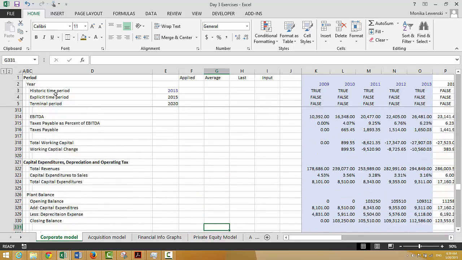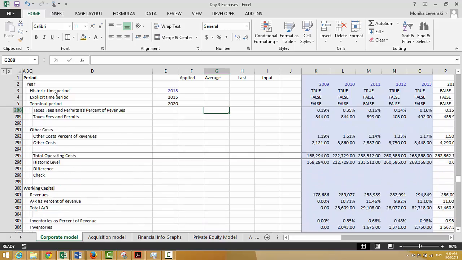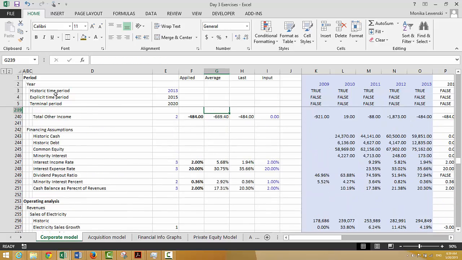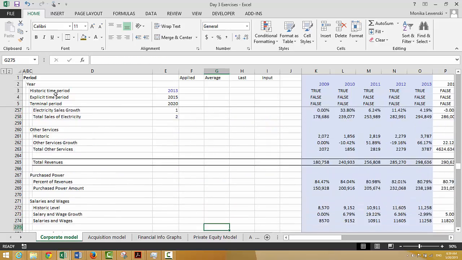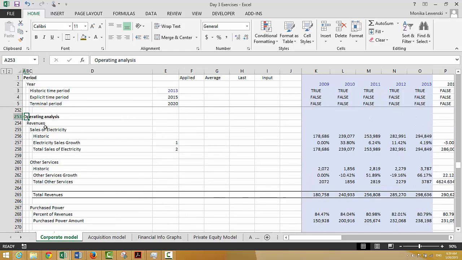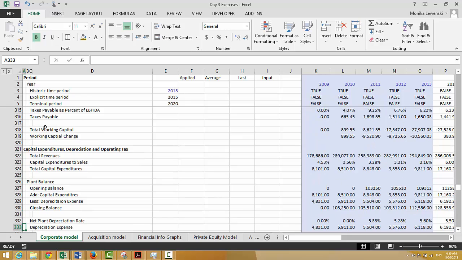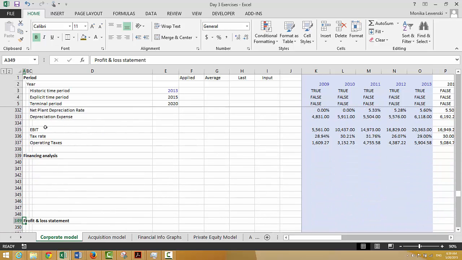We made some operating analysis of revenue, and I should probably call this operating analysis EBITDA analysis, which is the most important thing you're going to do in the whole thing. Once you have the EBITDA analysis, we'll compute working capital, CapEx, and then we need some financing analysis.